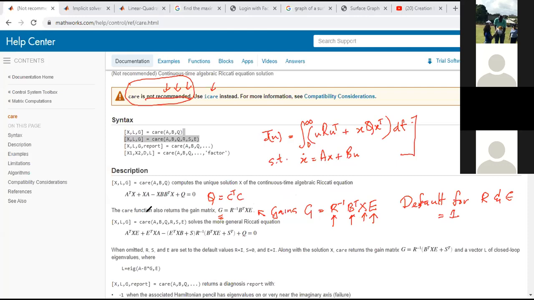And then we solve this equation, which is the Riccati equation, to get X. And then the gains that we want are going to be R inverse B transpose X. R is the default matrix I, unless we are told otherwise or want to use otherwise. And E is also I, unless we are told otherwise or want to use otherwise.